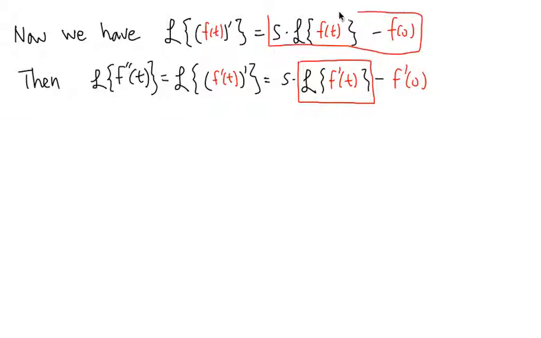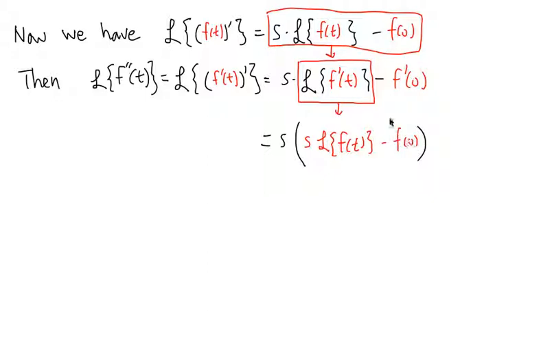So let me kind of just box these two things. So I can substitute this into that. And I'm just going to write this down. So I have an s on the outside. Let me open the parentheses. So this will be, let me see, s times the Laplace of the original function minus f of 0.